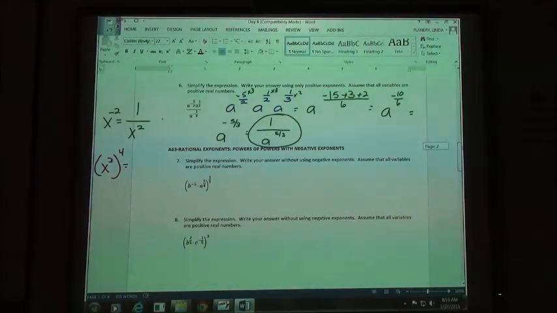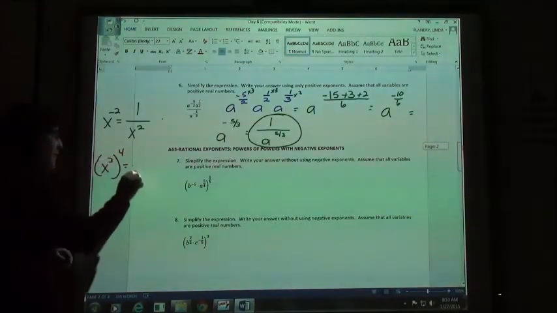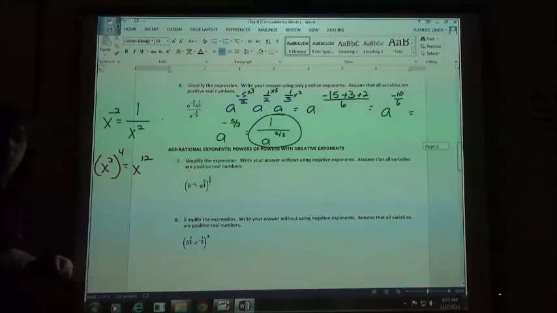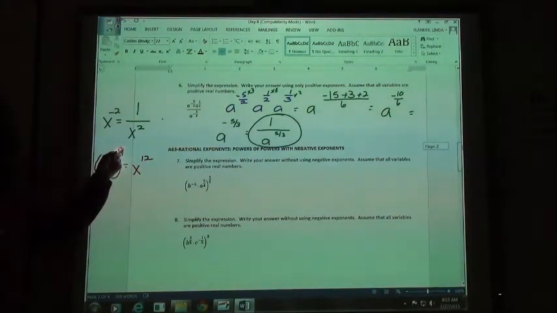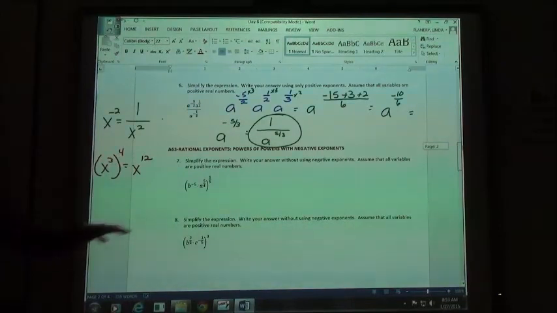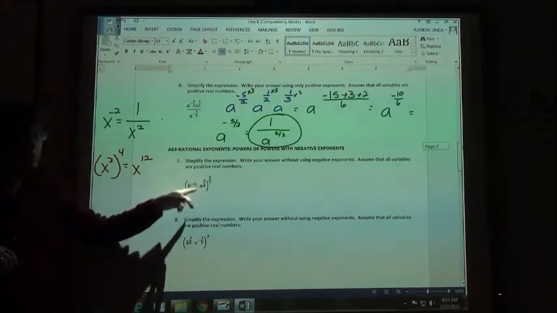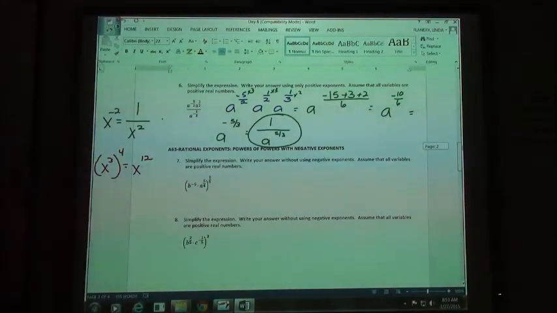I'm going to get x to the 12th power because I'm going to take 3 times 4, right? So same thing applies here. They're just throwing some fractional exponents in there. They're checking, do you still know this basic rule once I start throwing fractions in?